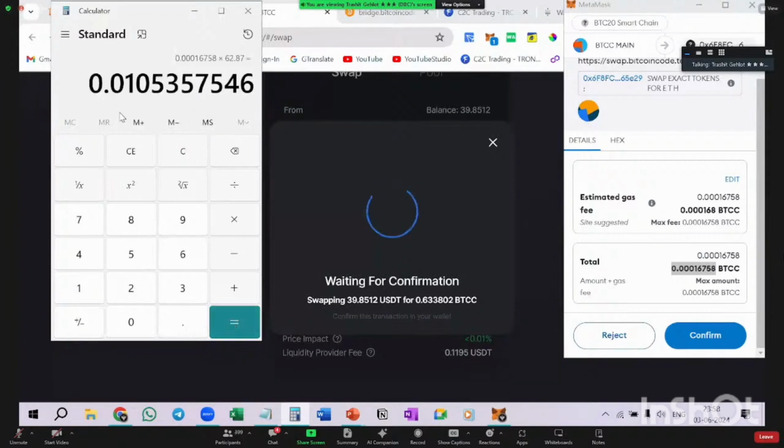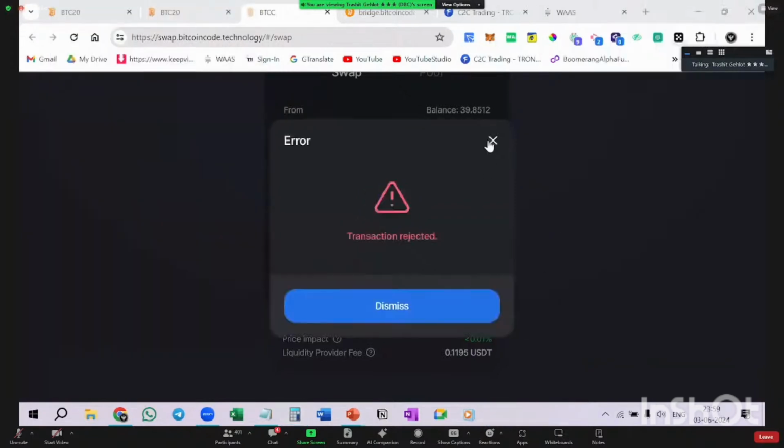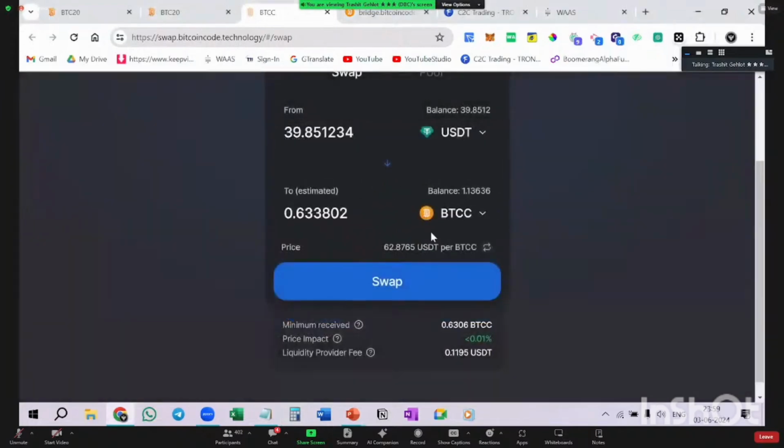So how much worth in dollars? It's almost a cent, $0.01, right? So you can use this USDT which you have bridged in, and you can swap to BTCC, and you can directly purchase BTCC.